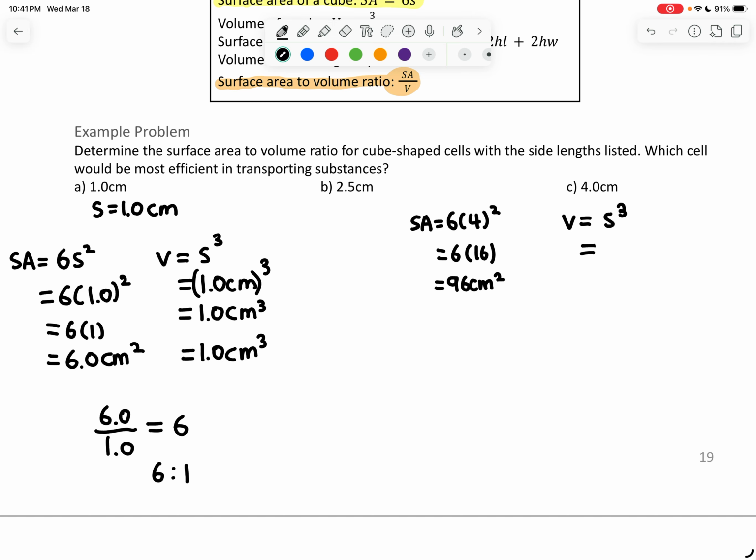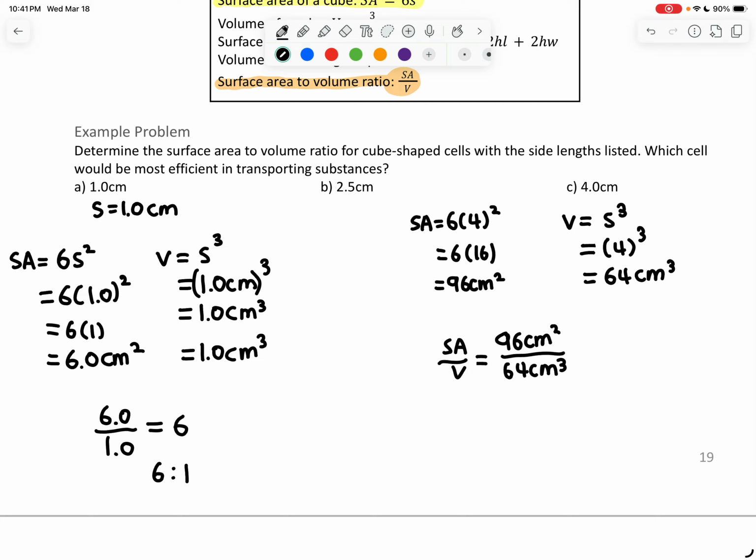And your volume is side cubed. Okay, so you're gonna plug in 4 cubed, and you're just gonna get that it is 64 centimeters cubed. Okay, again, surface area to volume: our surface area is 96 centimeters squared over 64 centimeters cubed.